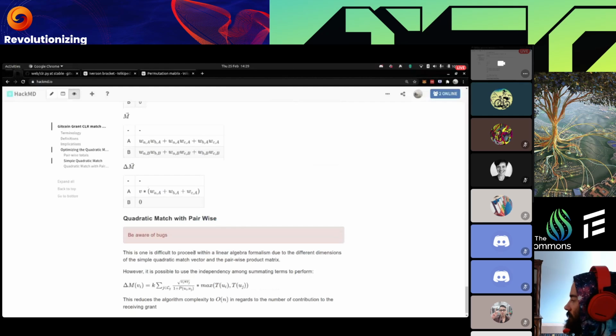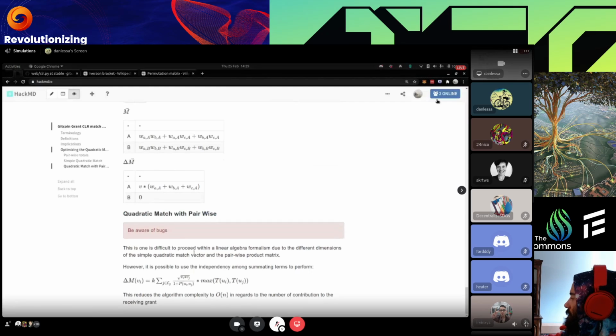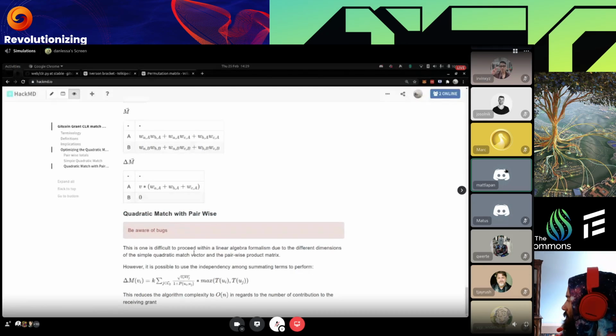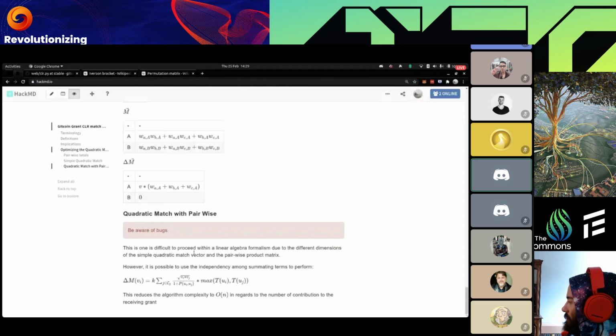One of the things I've been thinking about, and why this would be so advantageous, is that most of these matrix representations would be really sparse, and there's a ton of algorithms for computing this type of stuff really fast for sparse matrices. Most people are only contributing to a few grants, I'm assuming.